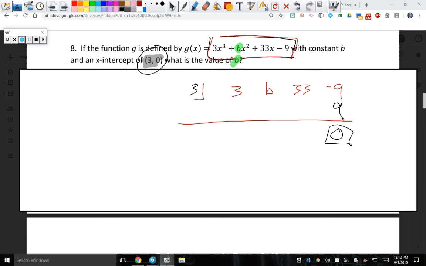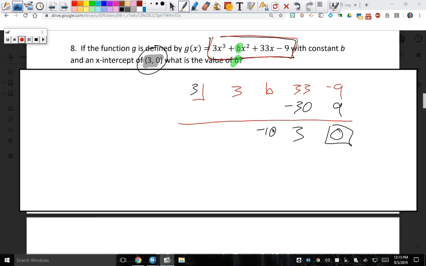So if this is 9, what did this have to be multiplied to get that? 3. So if this is 3, what did this have to be so that when I added them, I would get a 3 there? Negative 30. So if this is negative 30, what does this have to be when you multiply, you get negative 30? Negative 10.